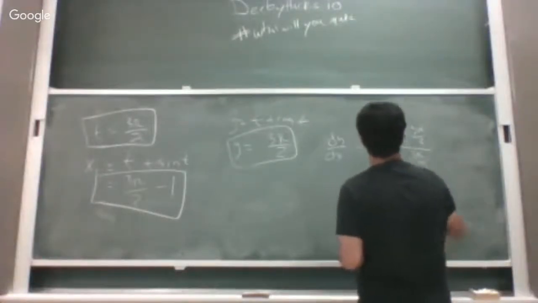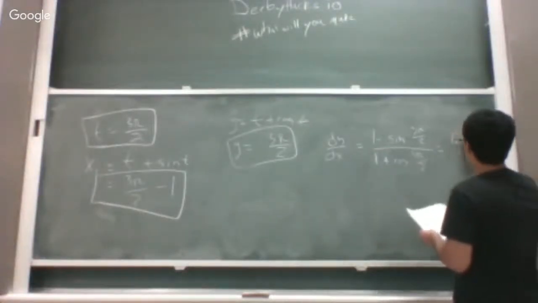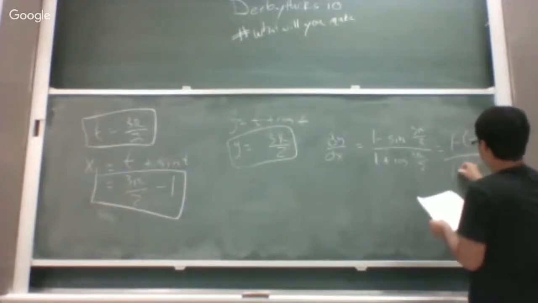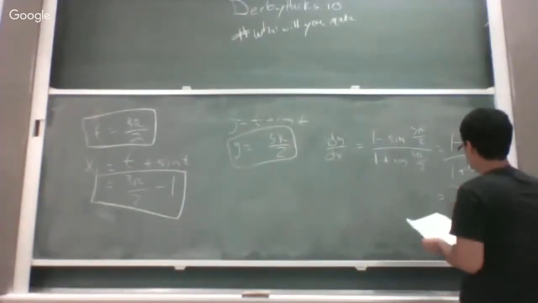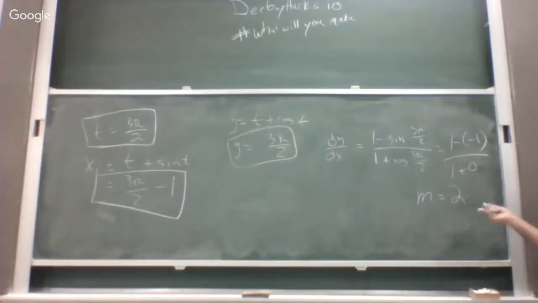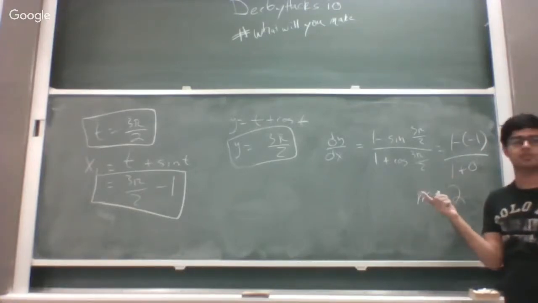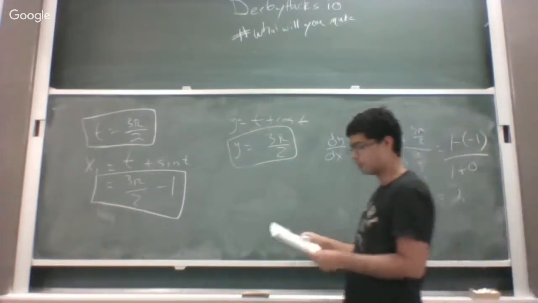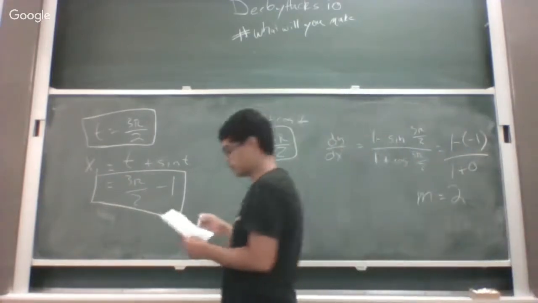Is that right? Yeah, that's what we found. This is equal to 1 minus a negative 1 divided by 1 plus 0. So our slope is equal to 2. They'll give you the t, because that's the point where we're trying to find the tangent line to the graph.